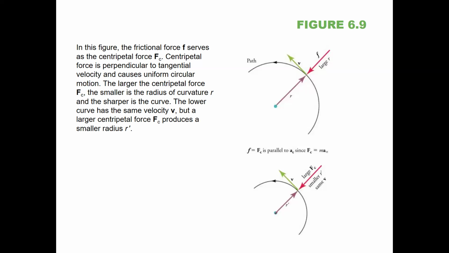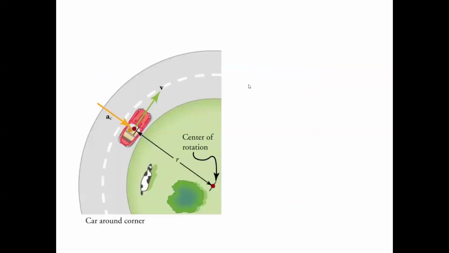Here we see that the centripetal force is equal to the mass of this object, moving with this velocity, multiplied by the centripetal acceleration that enables this point to move in the circle.